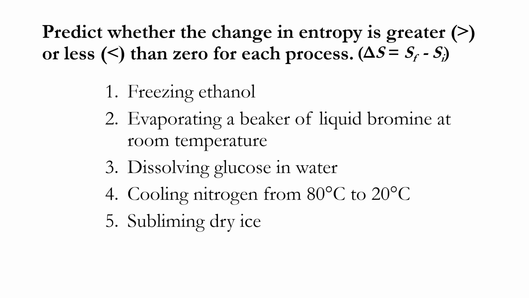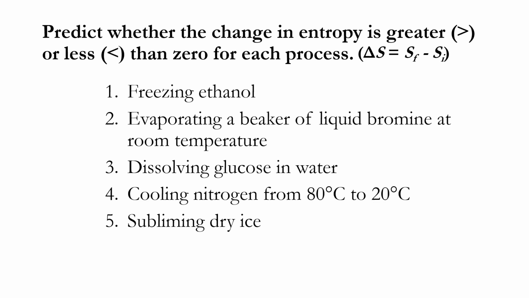Let's predict from among the following which will have greater than or less than zero change in entropy. Change in entropy may be determined by subtracting the entropy of the initial state from the entropy of the final state. So let's have number one, freezing ethanol.